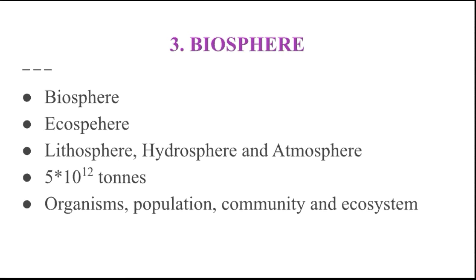An ecosystem refers to all the non-living things, plants and animals of an area and their interaction. So that is the definition of population, community, and ecosystem. So, this is it for today.